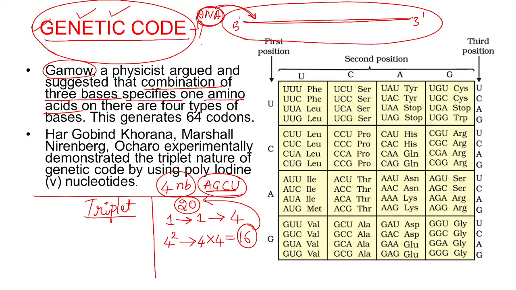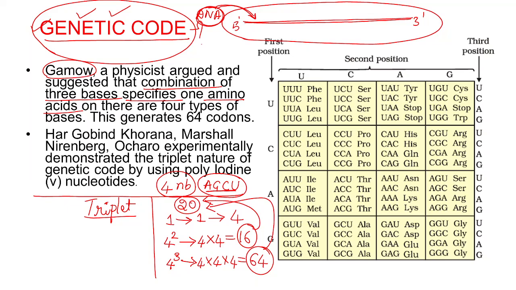So if you take the combination of 3, that is 4 raised to 3, then what will happen? 4 cross 4 cross 4, it will be equal to 64. So in these 64 codons, you can code for 20 amino acids.